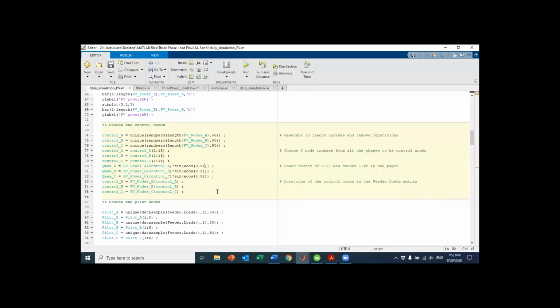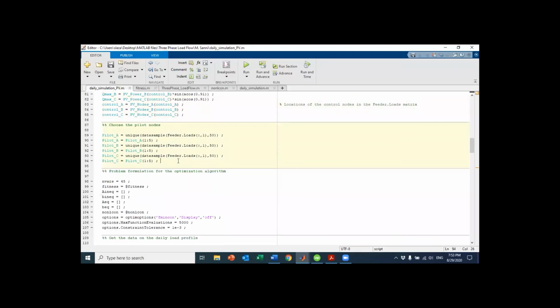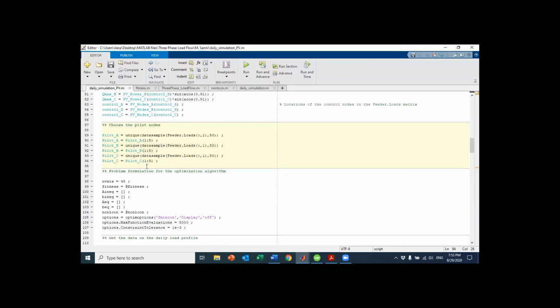So it's somewhere in the paper. After doing that, we just choose the pilot nodes. In our case, it also said that we should choose 3 pilot buses. But I chose 5 pilot buses because more pilot buses means better voltages in the system.